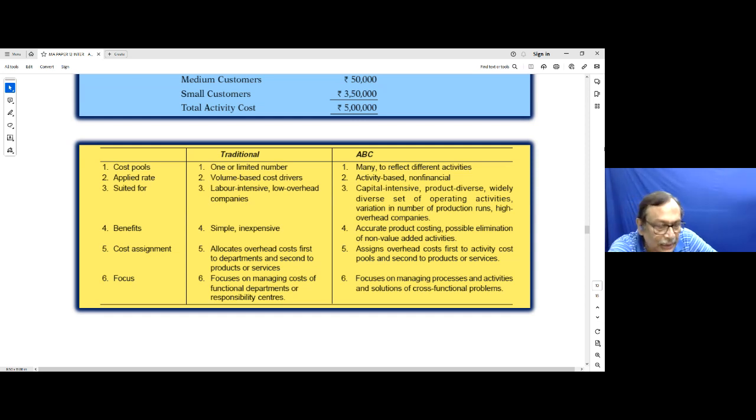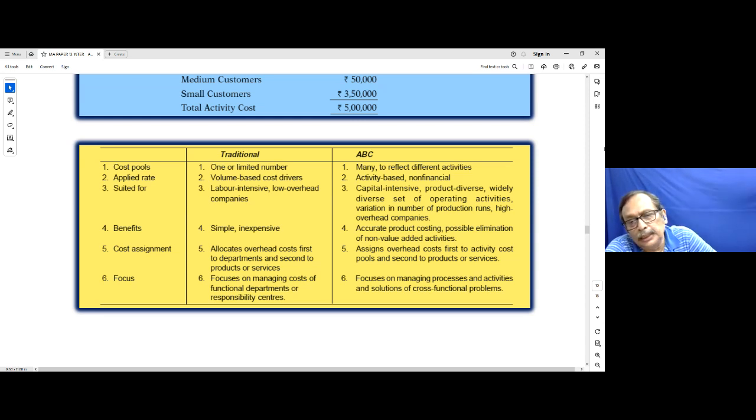Now, at this juncture, let me tell you what is the meaning of responsibility center. Nowadays, with the concept of responsibility, there is a responsibility accounting where each unit or division of a company is going to be treated to be a responsibility center, okay, revenue center and investment center, where investment has been made and manager of each unit is responsible for the profit earned or loss sustained by his or her division.